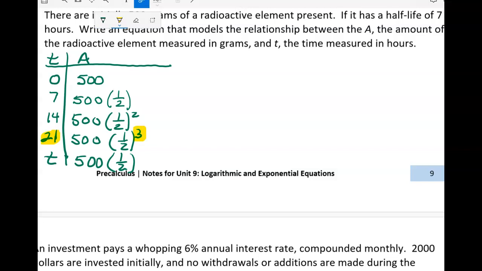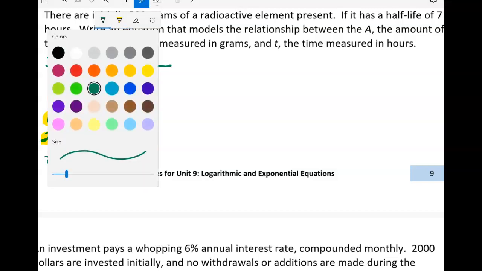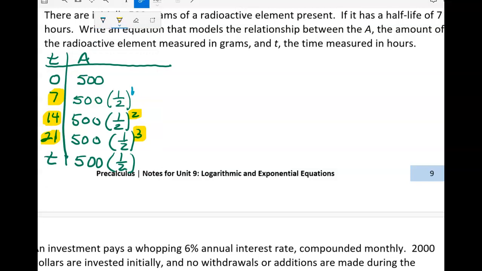When t is 21, the exponent is 3. When t is 14, the exponent is 2. When t is 7, our exponent is 1. And when t is 0, our exponent is 0.